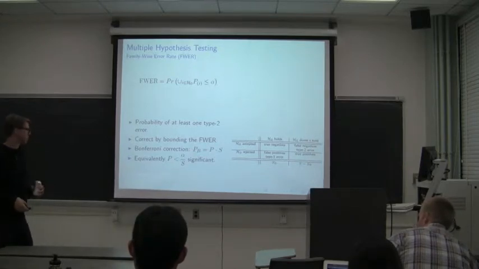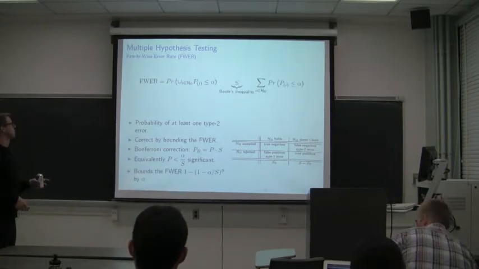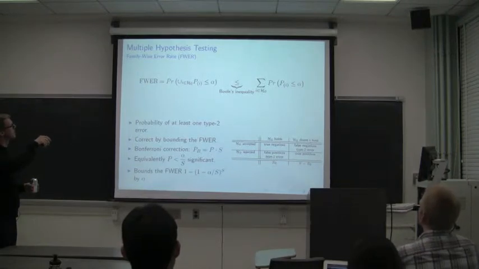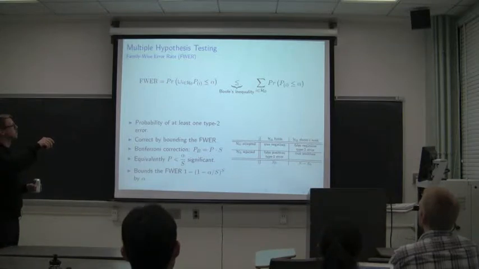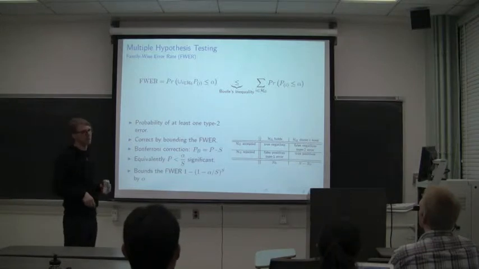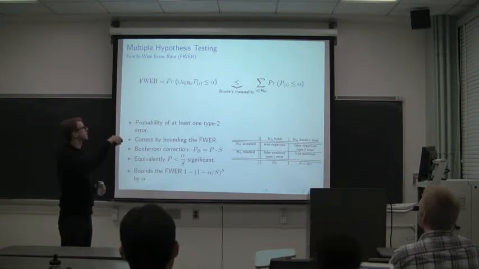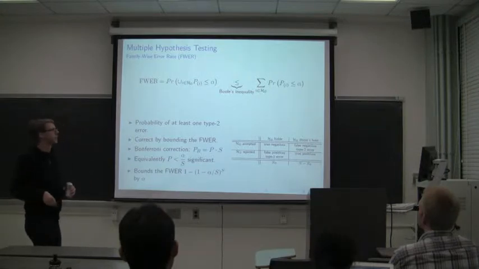And the reason why this works is because it builds on Boole's inequality, where it basically says the probability of jointly observing at least one p-value that is smaller than alpha is smaller than the sum of all the probabilities, because sometimes they overlap, so this is an inequality that holds.